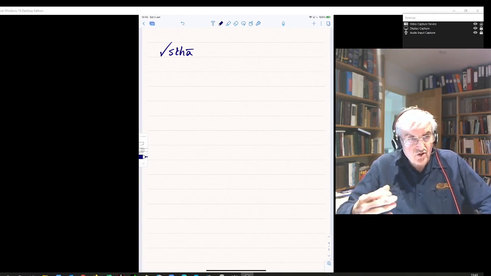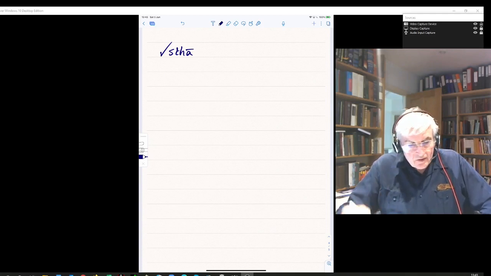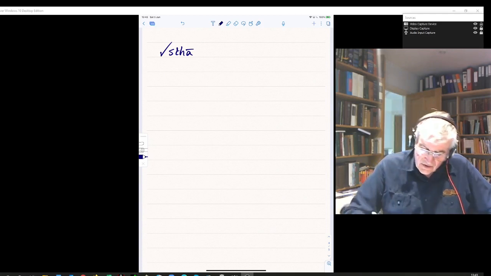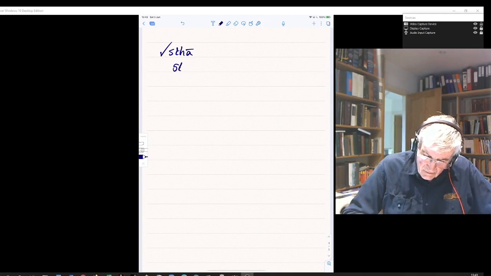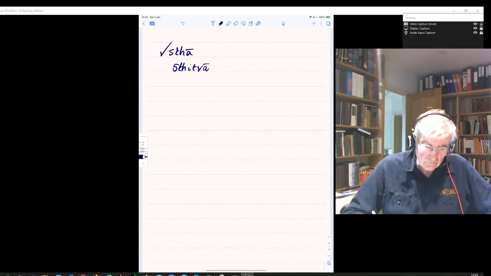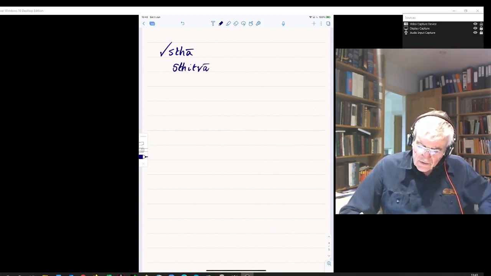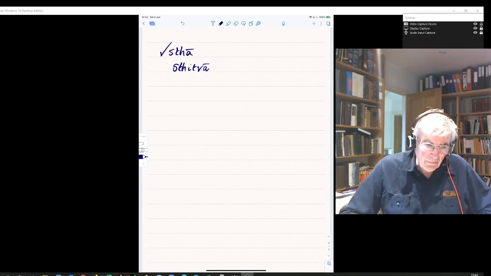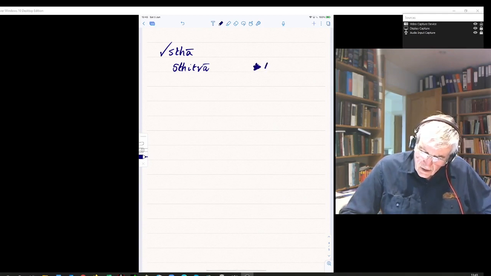So just as stood, the past participle stood becomes stita, so the absolutive is stitva. Stitva. And that is reflected in the Pali in tatva.